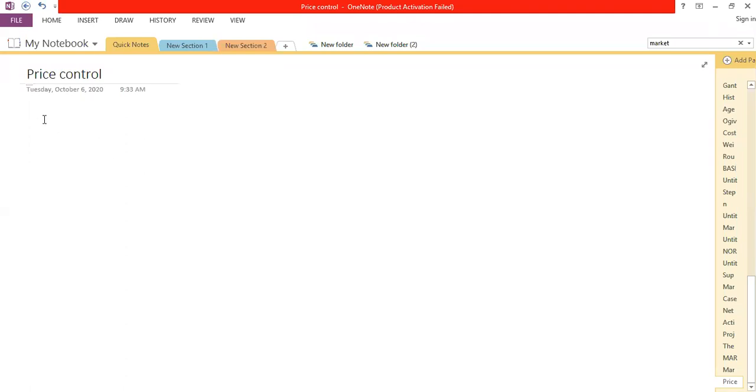We have got two types of price controls. Number one is what we call a maximum price control, also known as a price ceiling.